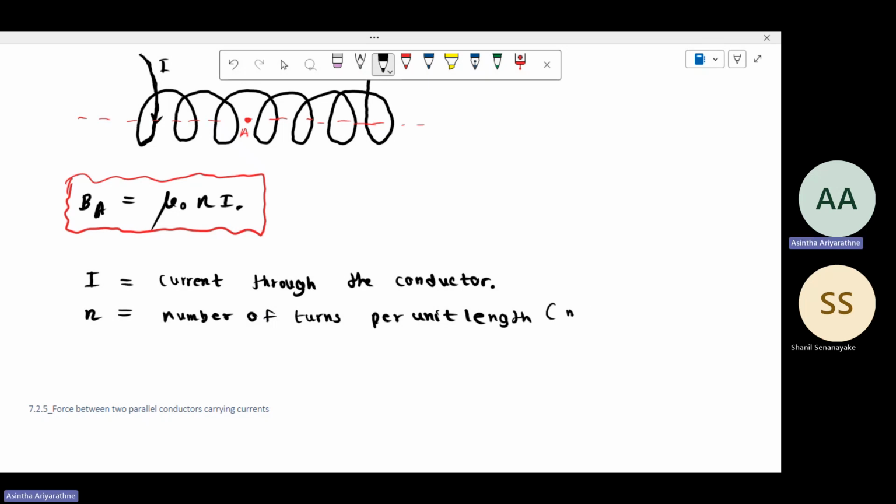Right? Number of turns per unit length. So for example, if the total number of turns is 10 and the length of the solenoid is, let's say, 2 meters, 10 divided by 2 gives the number of turns per unit length.